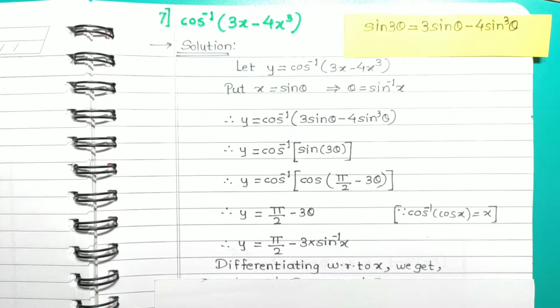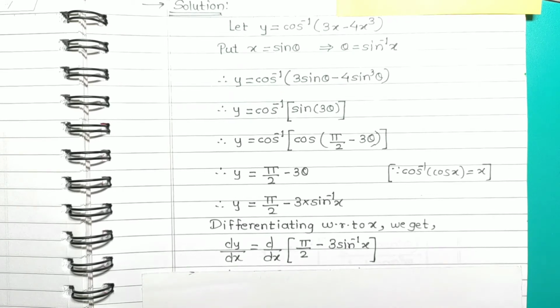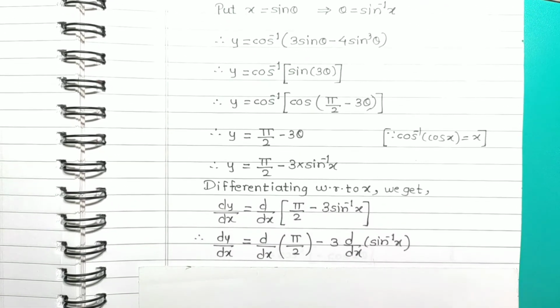Differentiating with respect to x, we get dy by dx is equal to d by dx of pi by 2 minus 3 sine inverse of x. So this is d by dx of pi by 2 minus 3, which is constant, into the derivative of sine inverse of x.